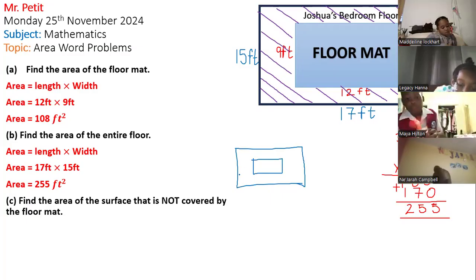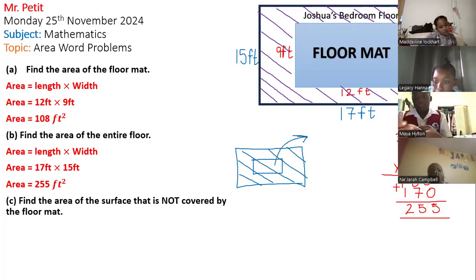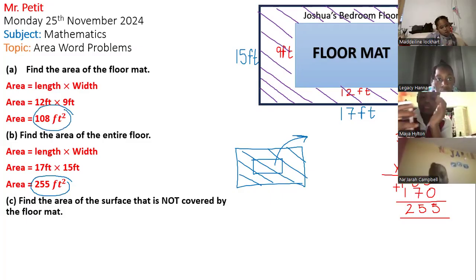We know the area of the entire bedroom, but what we want to figure out is the area without the floor mat included. So that means we have to take the answer we got from this one and the answer we got from that one and do what with it? Subtract those two.